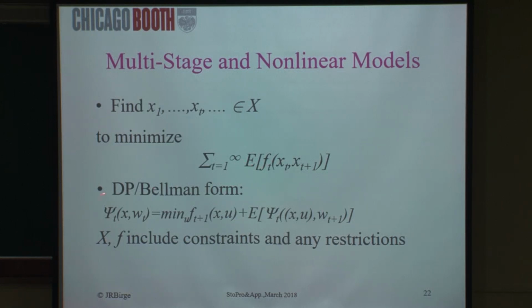I can also represent that in the dynamic program or in the Bellman equation format, which says that the value at any point in time in a given state for a given action, let's say this is a given state of wealth, W, and X is an action, like investment. My state might be how much I have invested in the risky asset, how much my wealth is.